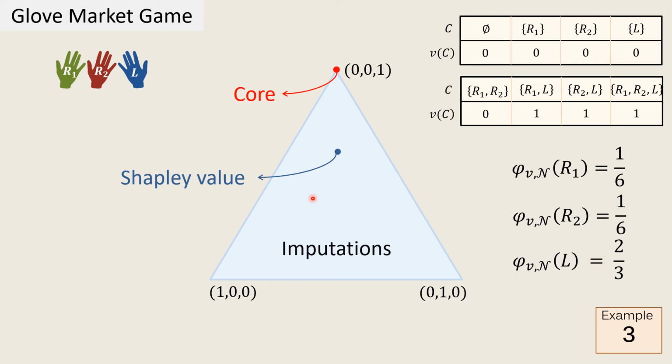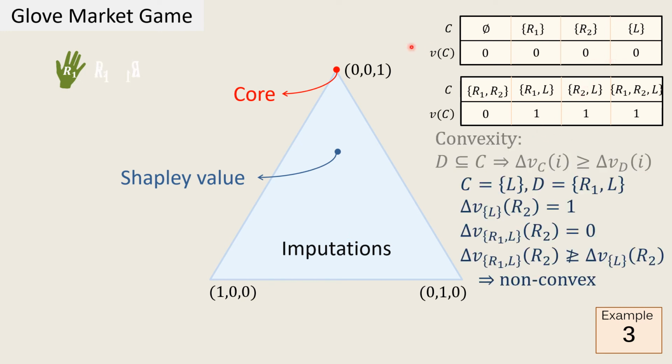Why is it not equal to the core? That's because this is a non-convex game. It's superadditive. That can be verified very easily, that this game is a superadditive game. And so the Shapley value is an imputation.